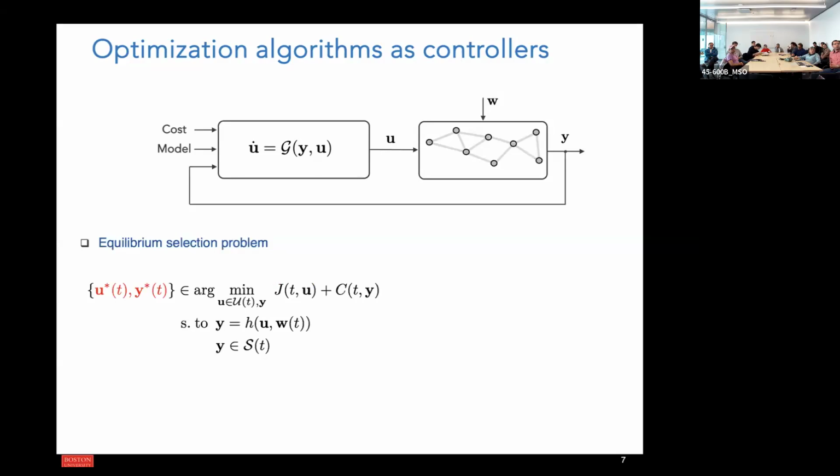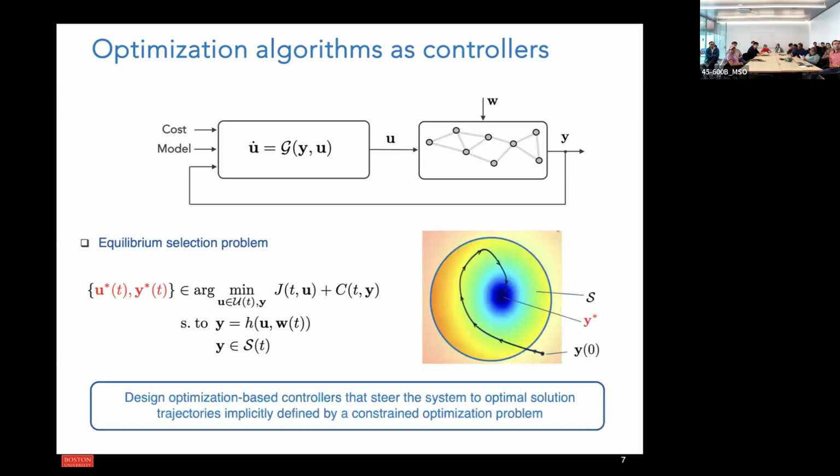Yes, so for the control synthesis, what we do first is to formulate an equilibrium selection problem where we formalize an optimization problem, in this case where the W comes into the picture, but this is a model for now, where we assume a cost associated with the input, a cost associated with the output or the state of the system, subject to the steady state input-output map of our system, and subject to additional, perhaps, constraints on our state or output.